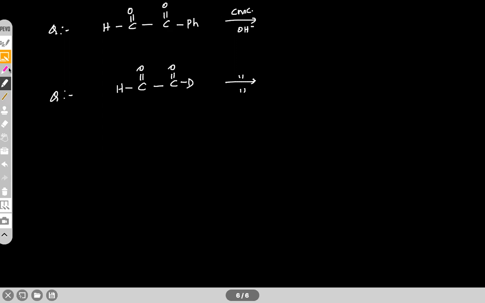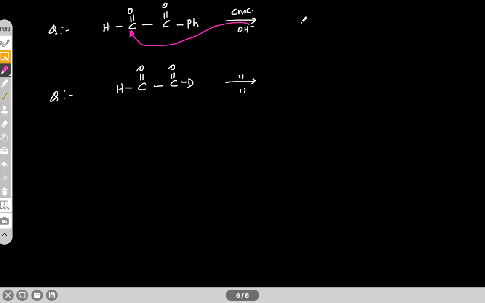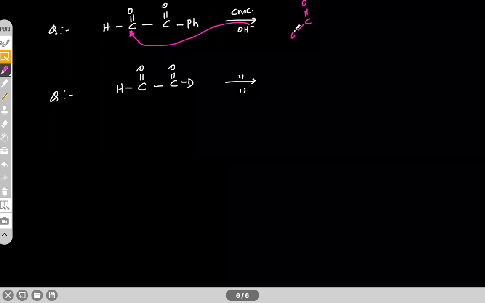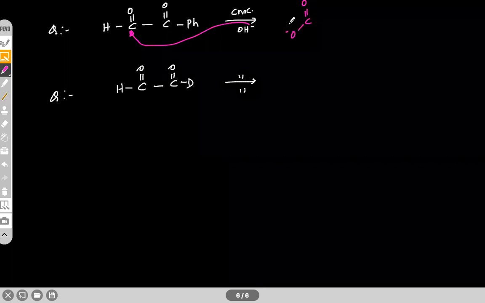Okay, so where does this OH minus attack in the first one? In the first one, OH minus attacks on the carbon atom from which H minus goes out, this carbon, right? And this H minus comes onto this carbon atom. So here the product would be, I'll write it down directly, C double bond O, O minus. Wherever OH minus attacks, that will go under oxidation. So this attacks onto this carbon, meaning this part goes under oxidation, so CO, O minus.